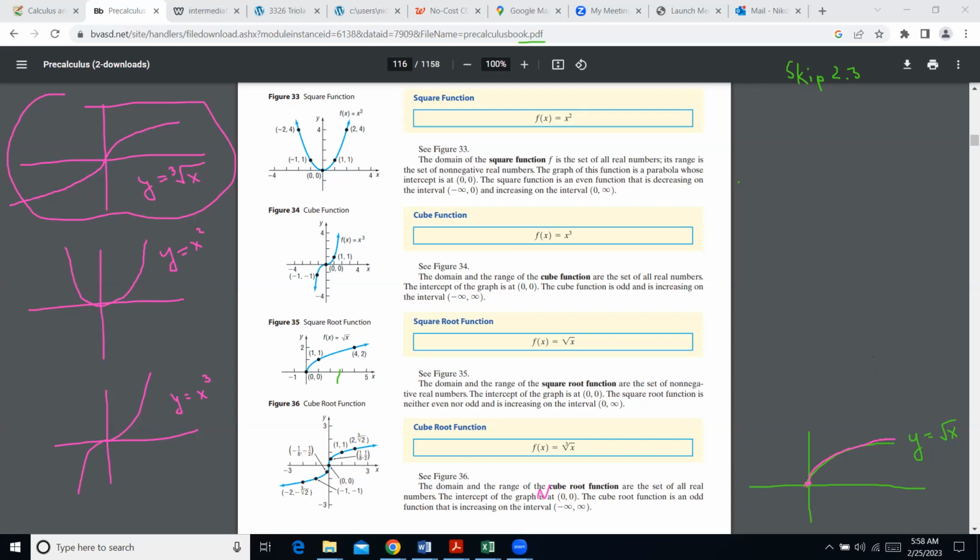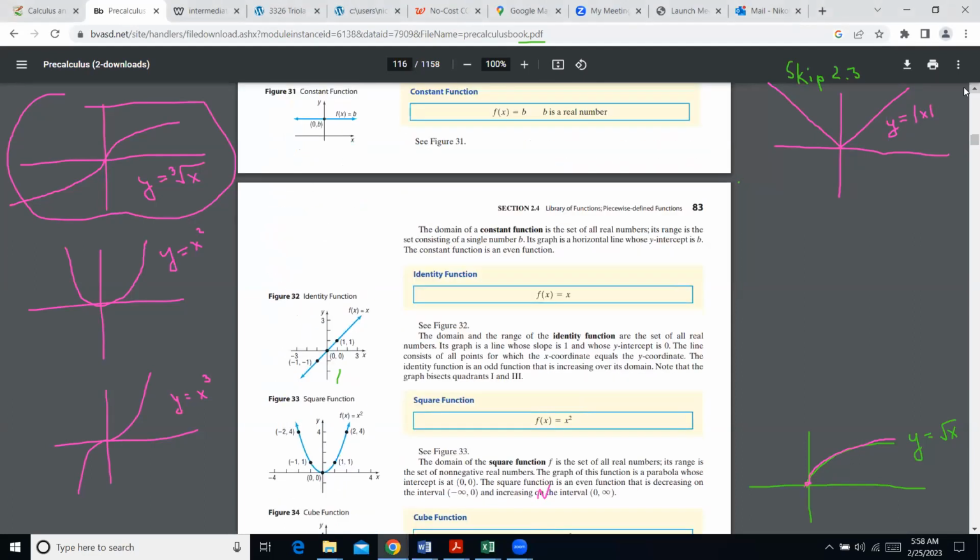This method is faster, and it also enables us to get more complicated pictures. So one more graph from the library is the so-called absolute value, y equal to the absolute value of x. That's the one that I just skipped, and I want to return to it because that's another popular function here.